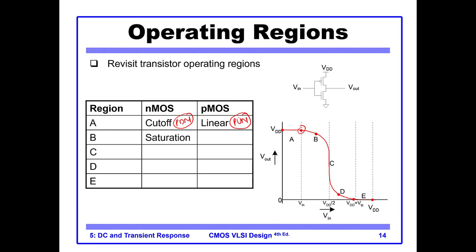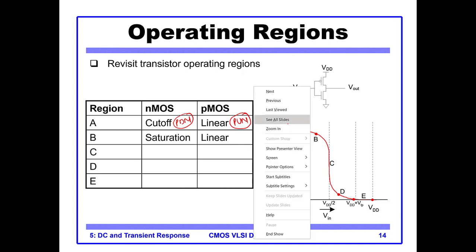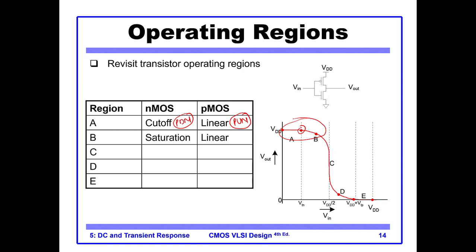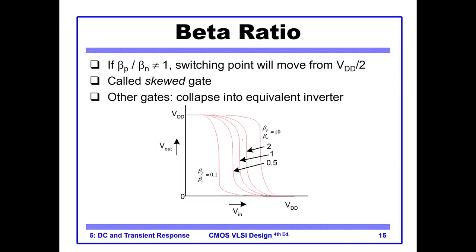Point B means the NMOS is in saturation and the PMOS is in the linear region. Remember that whenever this output is 1, the output 1 is coming from the PMOS. Okay, so C: saturation, linear, cutoff. This is the slide where I talk about the skewed gates.